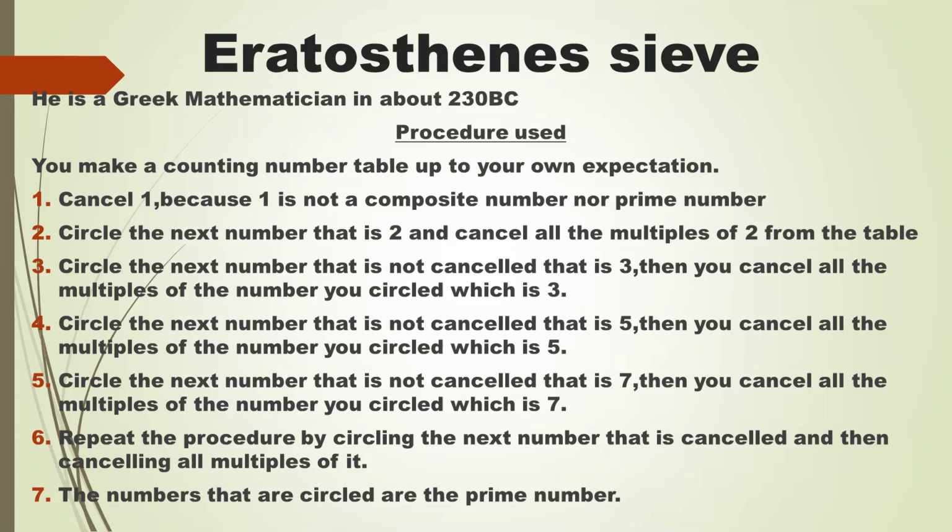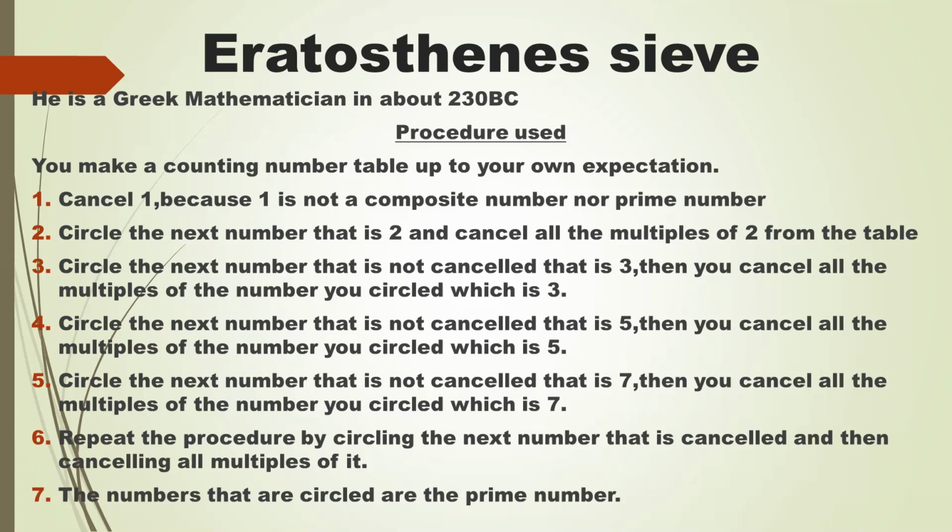Then you circle the next number that is not cancelled. 4 has been cancelled, since it is a multiple of 2, so the next is 5. You cancel all the multiples of 5.